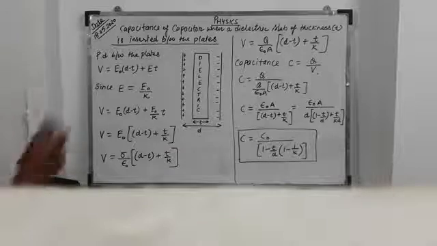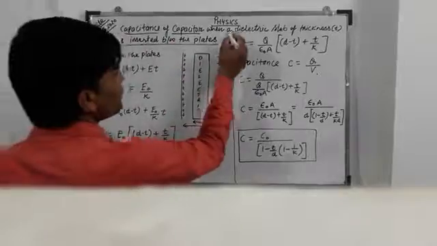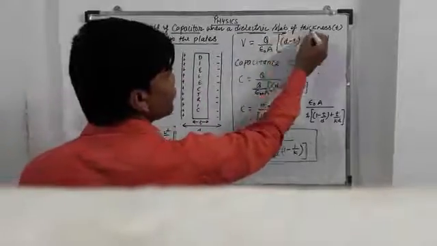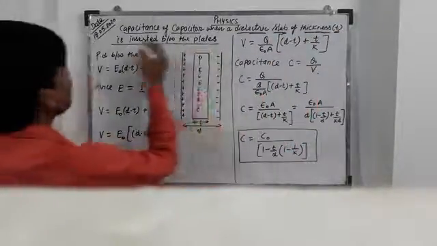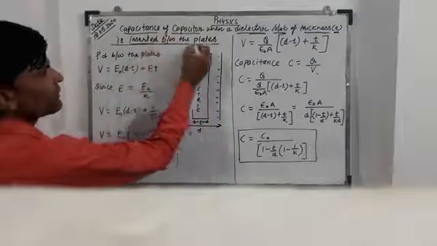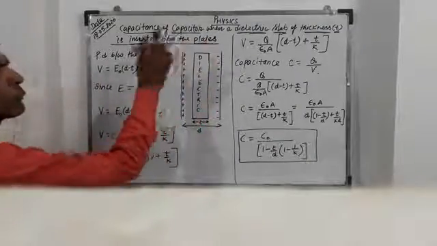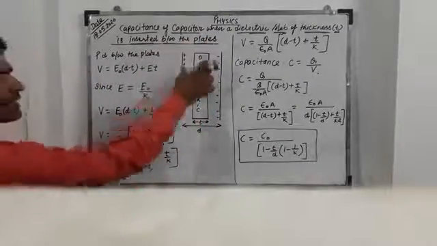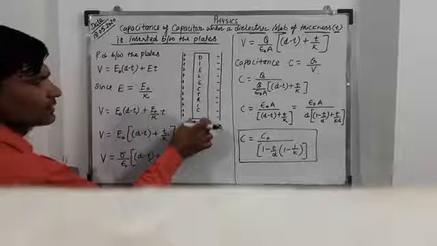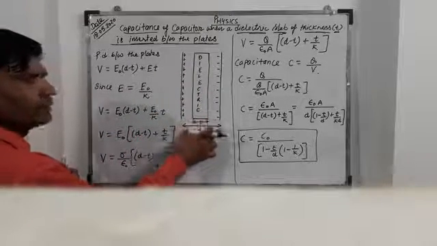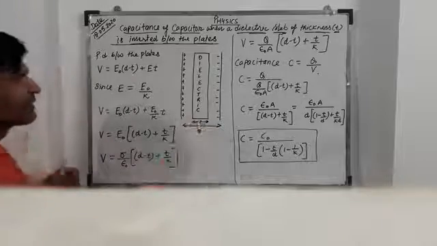Now the capacitance of the capacitor when a dielectric slab of thickness t is inserted between the plates. It does not fully occupy the intervening medium. The slab is of thickness t and the total separation is d.